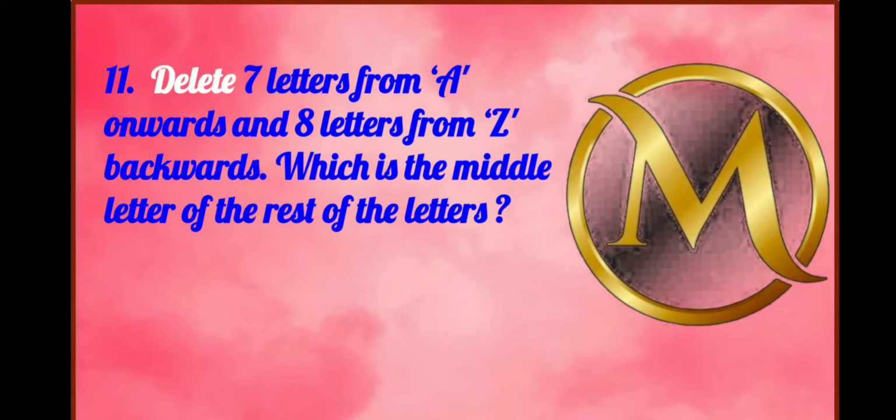It means the number of alphabets is even, and when the number is even, there will be no middle alphabet. That's why I did not solve it here. You also check in your book, and if this question is wrong, we will leave this.